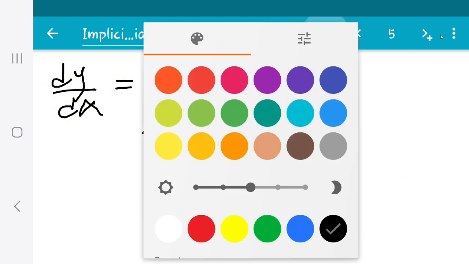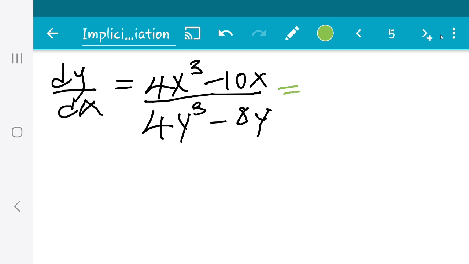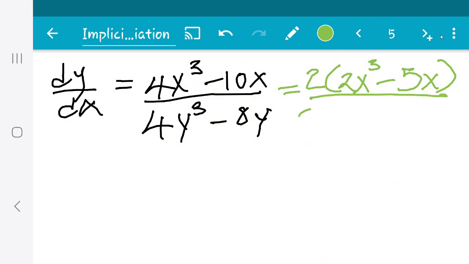So we can say this is equal to 2 into 2x cubed minus 5x, because 2 times 2 becomes 4, 2 times 5 becomes 10, over, take out 2, also left with 2y cubed minus 4y, because 2 times 2 is 4, 2 times 4 is 8.